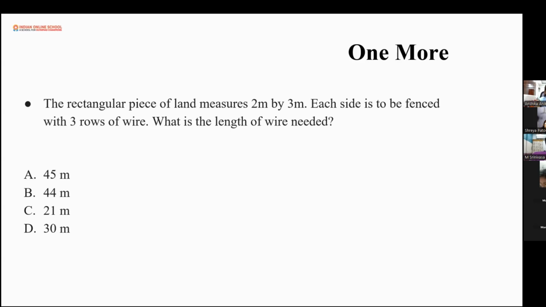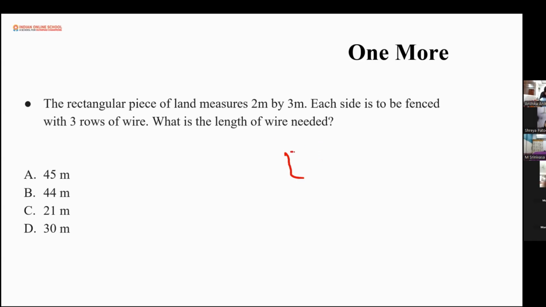What's outside? Perimeter or area? Area. No. Outside is area. Outside is perimeter. Okay, Divyansh.